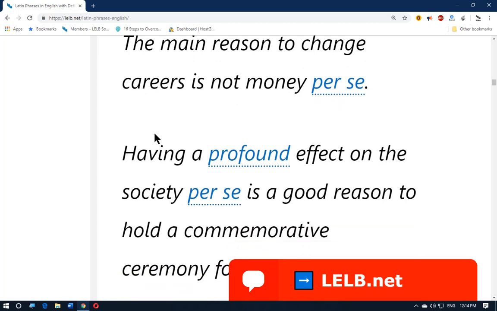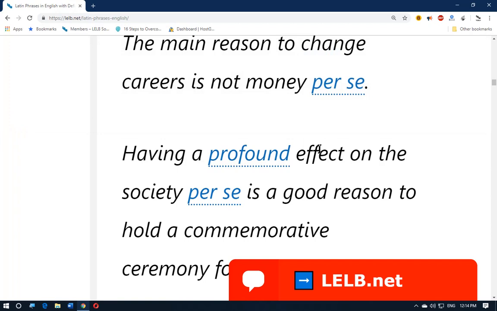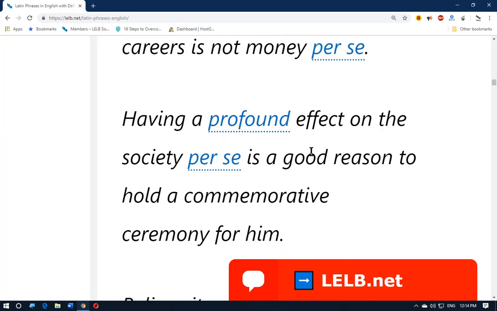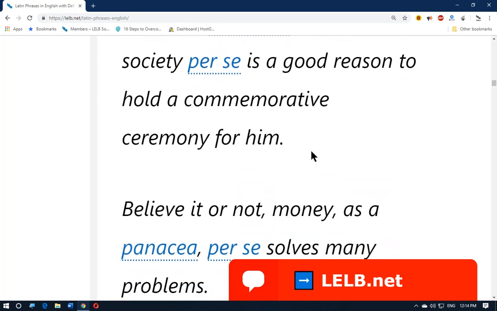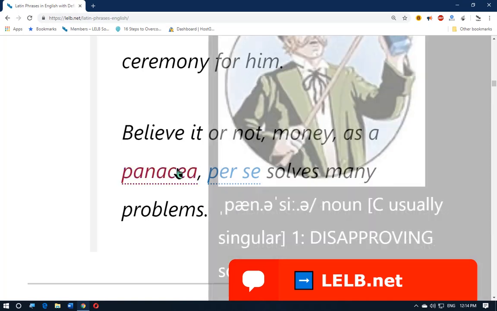And having a profound, meaning deep, effect on the society per se is a good reason to hold a commemorative ceremony for him. Commemorative means memorable. Believe it or not, money as a panacea per se solves many problems. Panacea means cure-all, a remedy for everything.